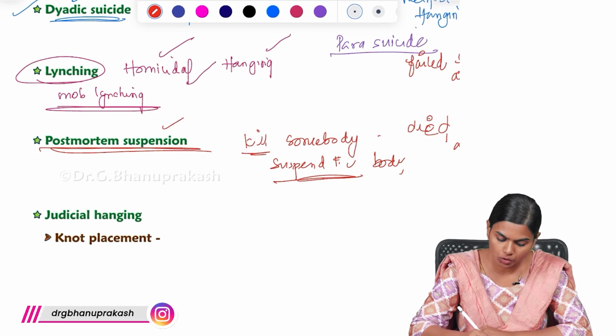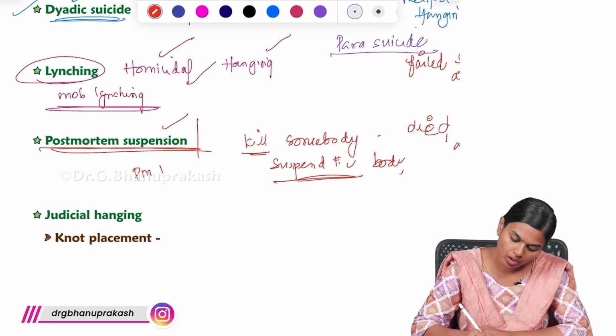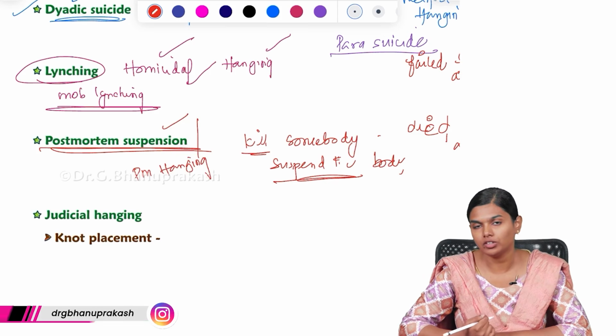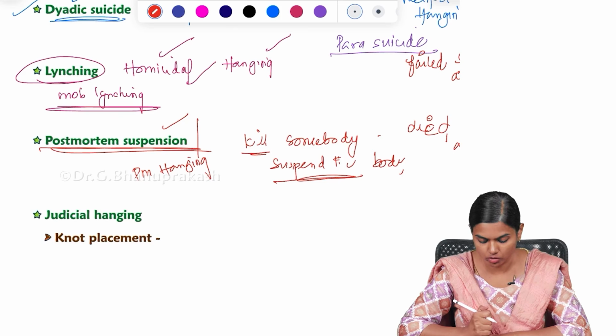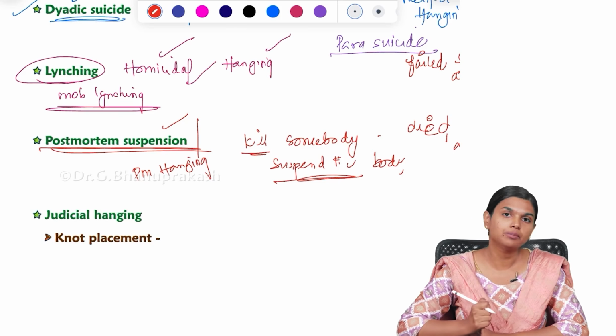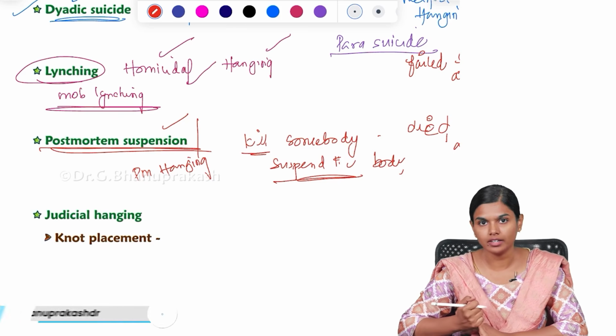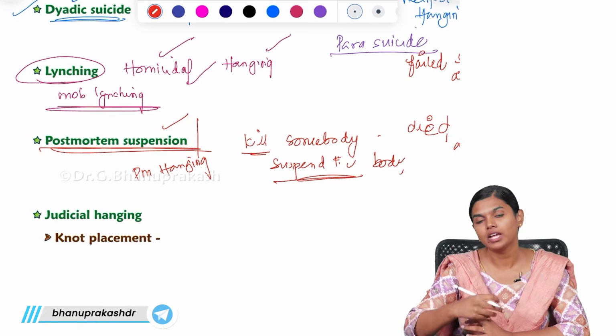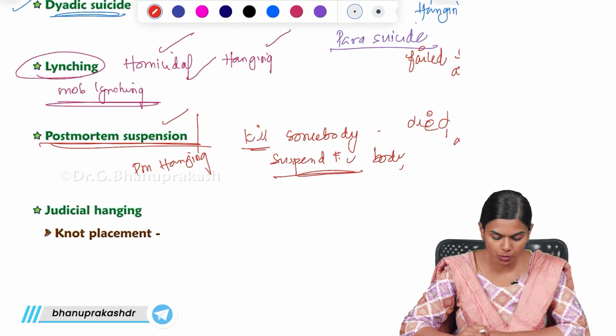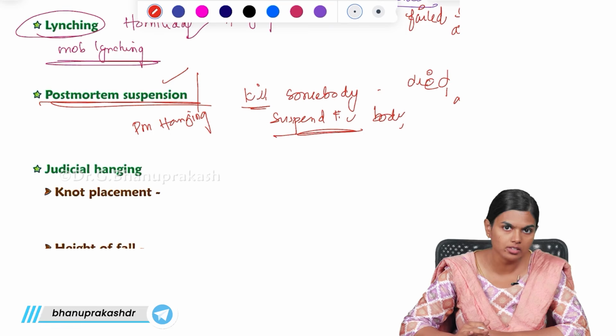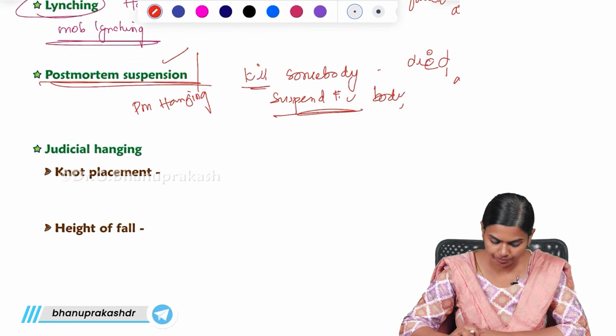We call it as post-mortem suspension or post-mortem hanging. So this is one other term related to hanging that is usually asked. So post-mortem suspension is when a person has died because of another reason, to mask that reason, they will suspend the body. So this is post-mortem suspension, otherwise known as post-mortem hanging.